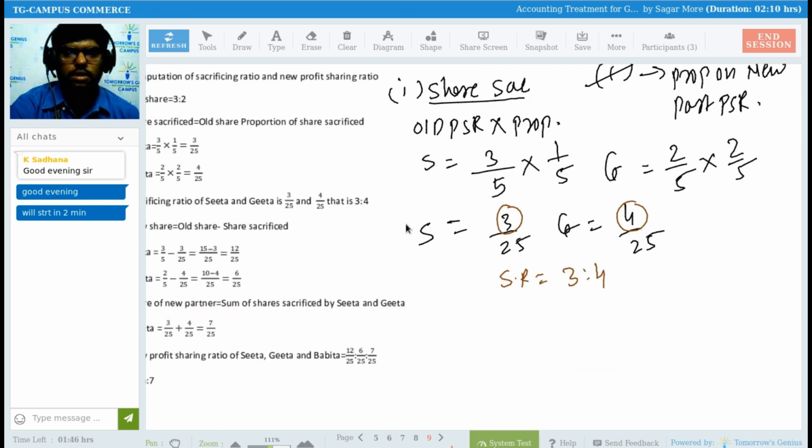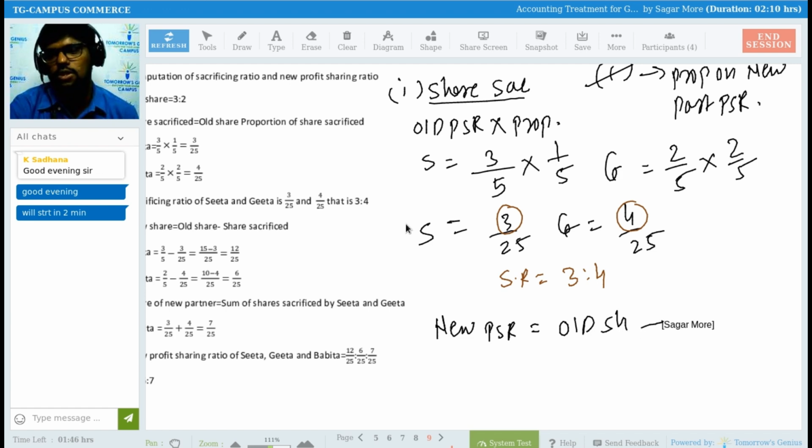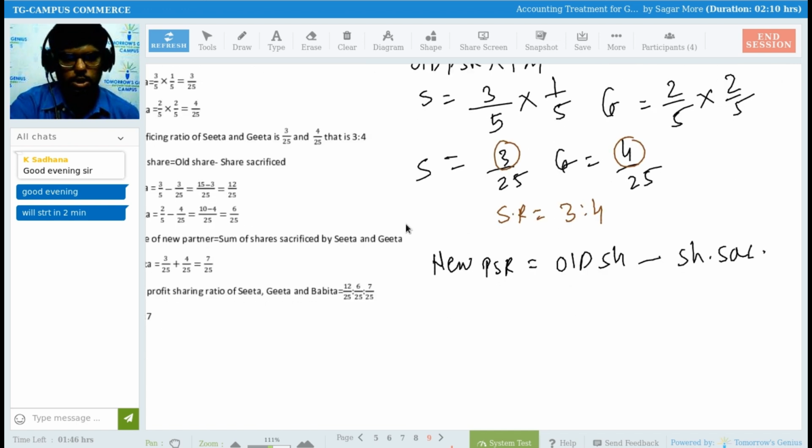Now we have to apply formula for calculation of new PSR. So what will be the new PSR? New PSR is equal to old share minus share sacrifice. Absolutely right. So for Sita, Geeta, we have to calculate. Put this into the formula for Sita.